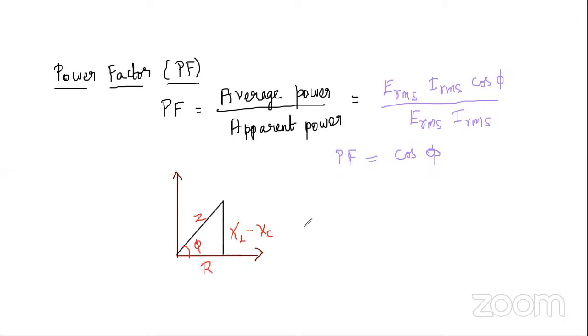So this is R. From this diagram, R is equal to modulus of Z into cos phi. So that means cos phi is equal to R by modulus Z. So cos phi is nothing but power factor. So power factor is equal to R by mod Z is the equation or concept.